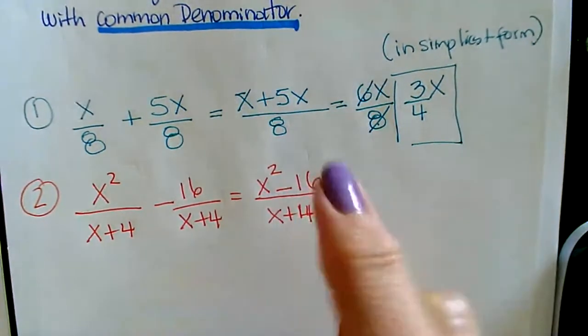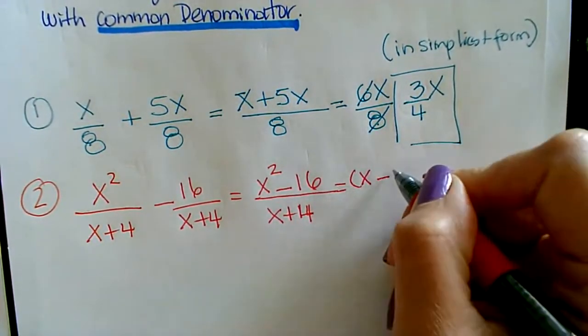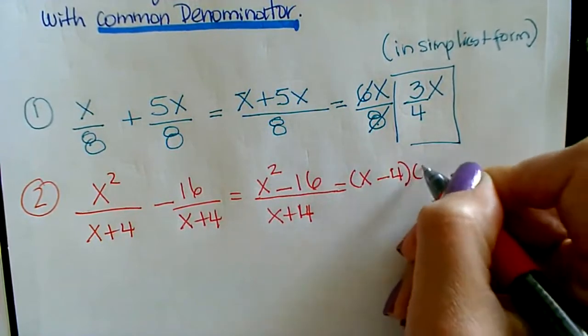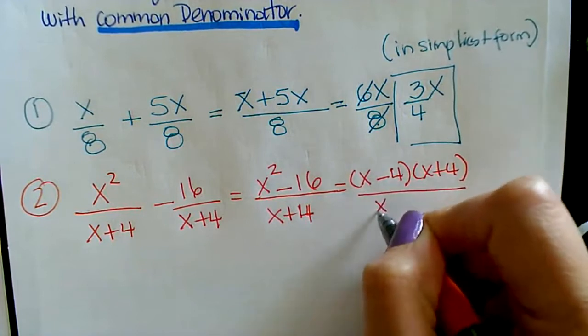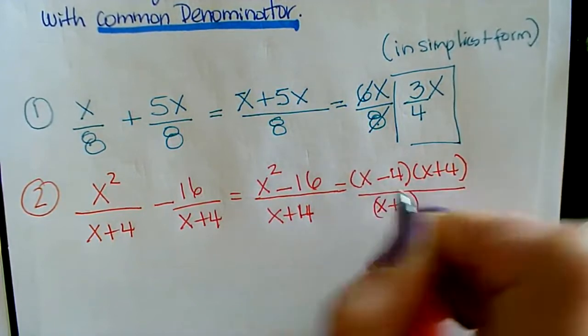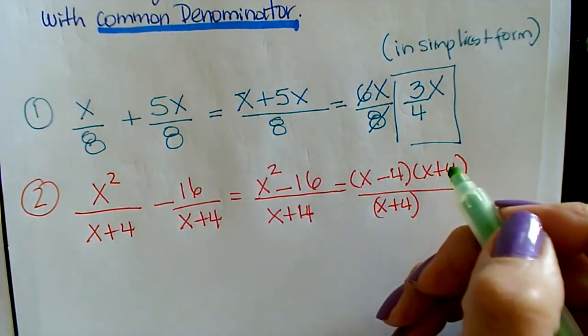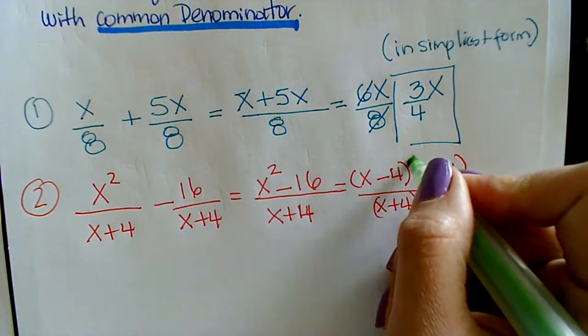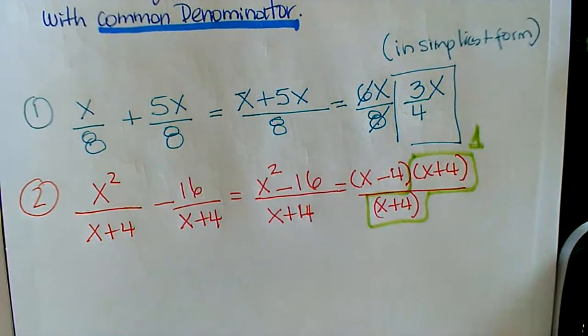But what is this? This is the difference of two squares. So right here, I can make a 1.